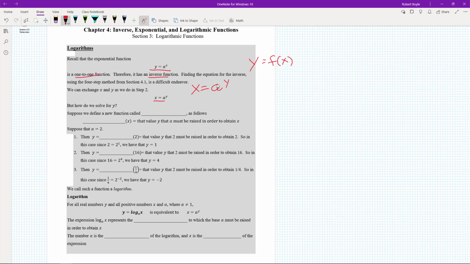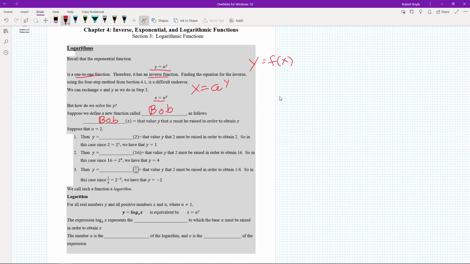So what are we going to do? Well, how about if we define a new function? Let's call it Bob, because I'm Bob and I like that name. We're going to define it as follows. Bob of x is going to be that value y that a must be raised to in order to obtain x.